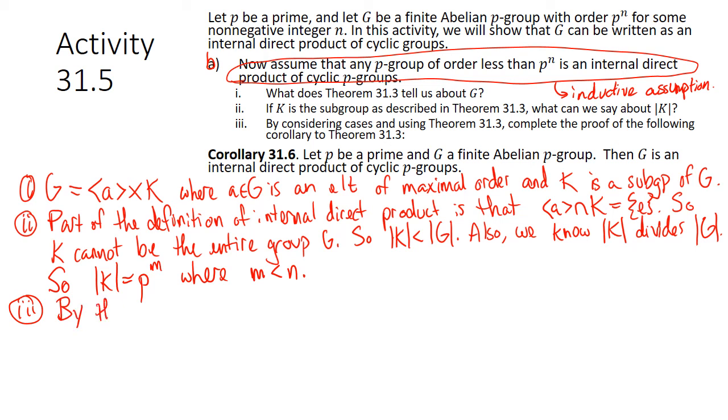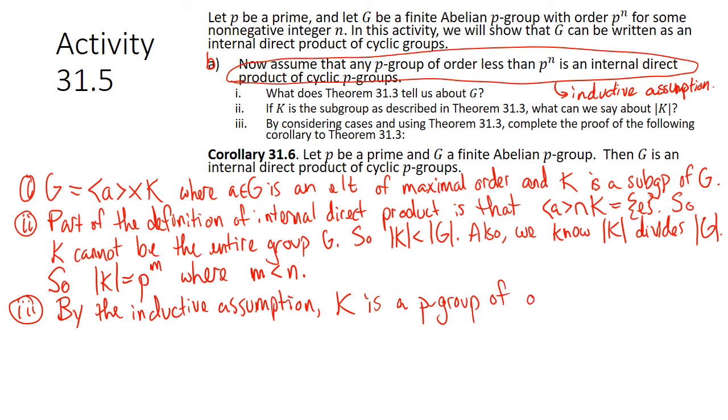So by the inductive assumption, K is a p-group of order less than p to the n.